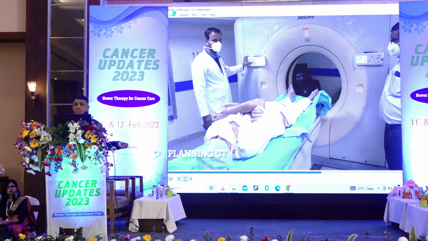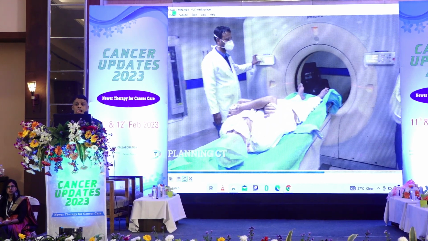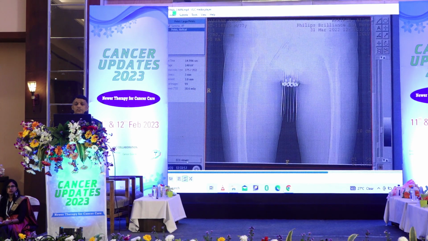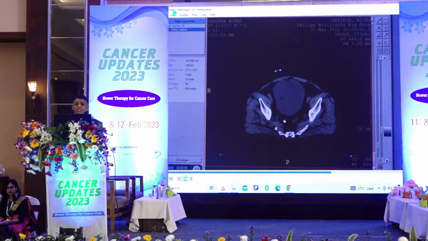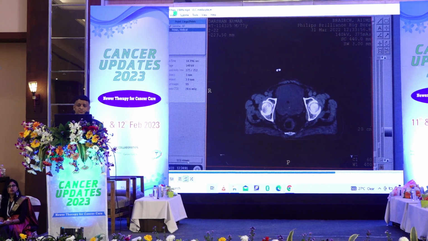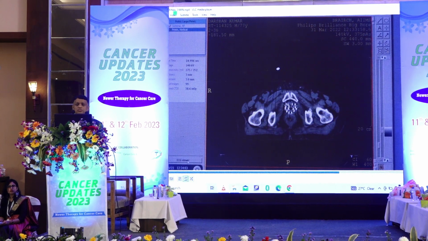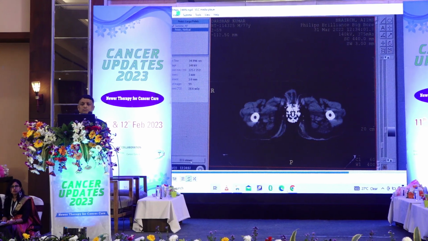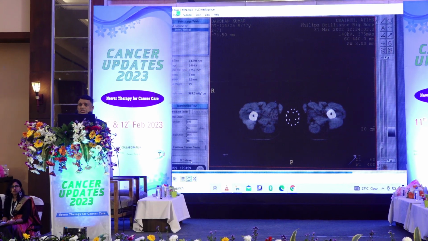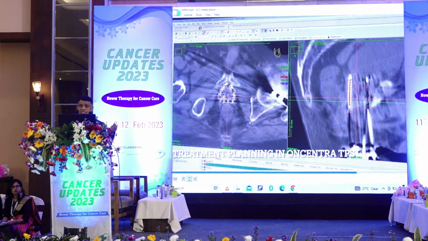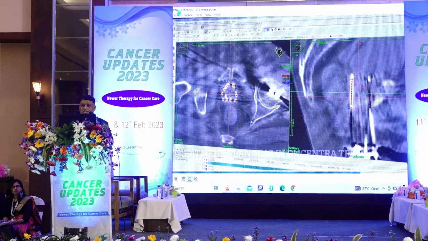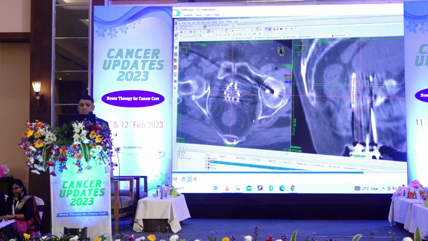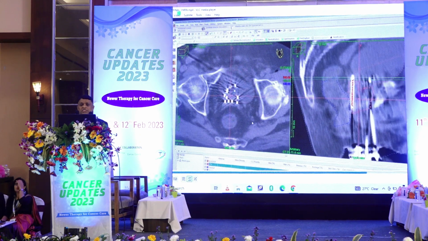And the patient is taken for a CT simulation. Show the CT images. And the images are pushed to the treatment planning system, and the needles are reconstructed, and the PTV and the OARs are delineated in the TPS, and the planning is done.